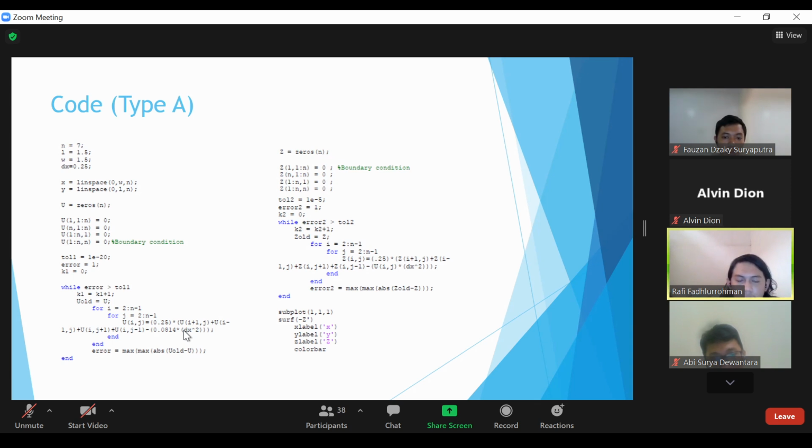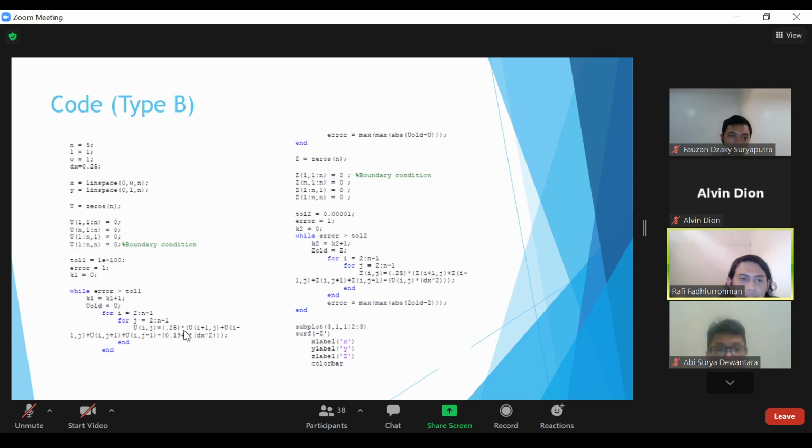Okay, and we set the names of the coordinates and the color bar that will explain the amount of deflection. Okay, this is for code type A, and actually it is not very different from type A.